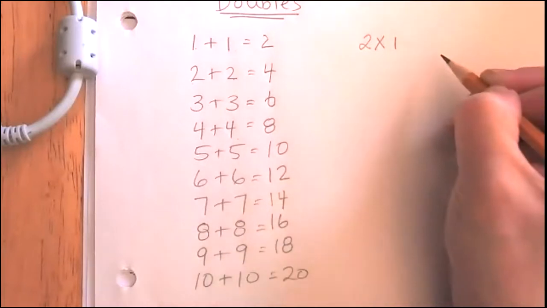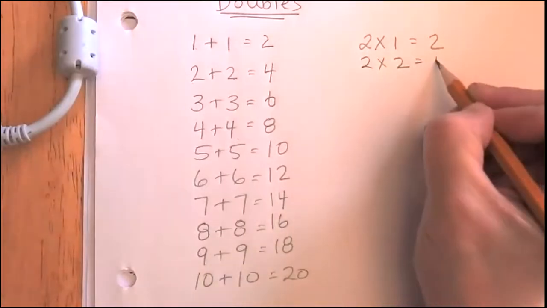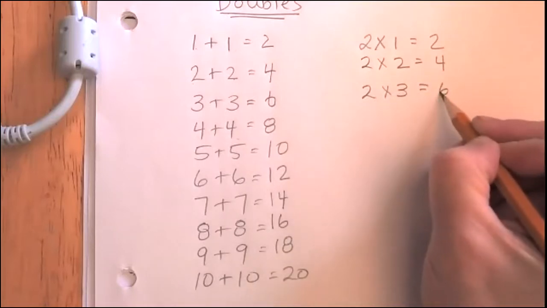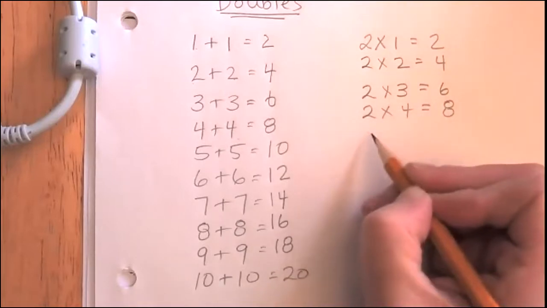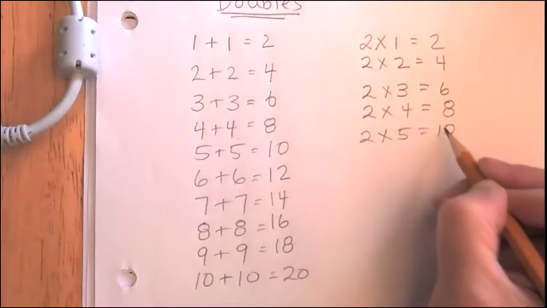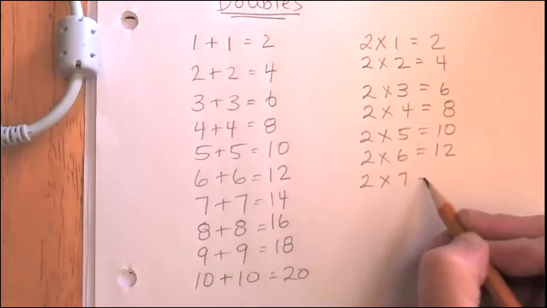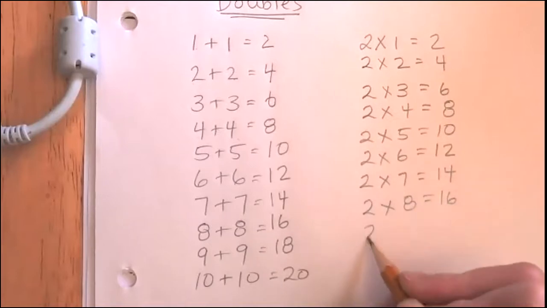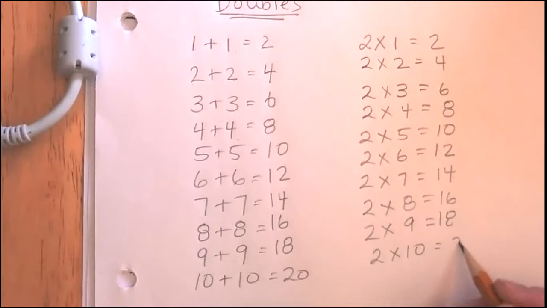2 1s equals 2. 2 2s equals 4. 2 3s equals 6. 2 4s equals 8. 2 5s equals 10. 2 6s equals 12. 2 7s equals 14. 2 8s, 16. 2 times 9, 18. 2 times 10, 20.